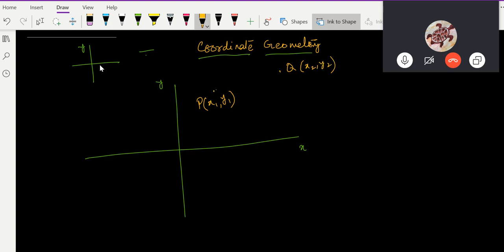And I want to find the distance between PQ, right? So, how do I do it? No, I will not use any formula. I will use simple logic.